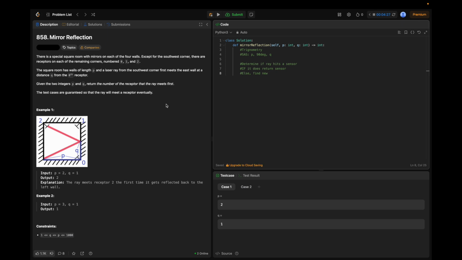So essentially, just like how this is P minus Q and then this is P, I want to find the new angles and somehow recursively put that into the method again so that it continues the same trigonometry calculation.